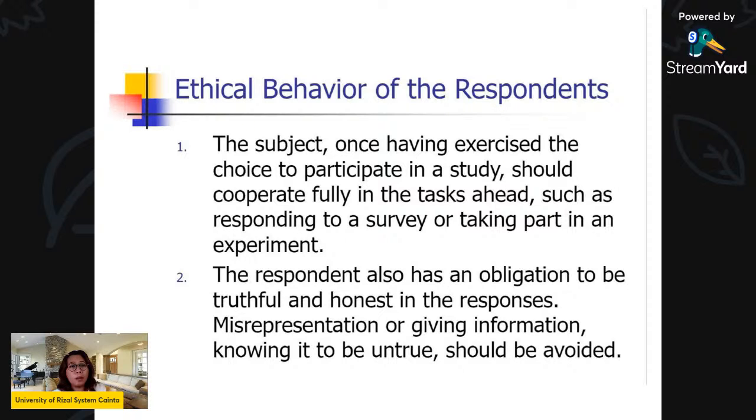Meaning to say, responding to a survey or taking part in an experiment. Okay? The respondents also have an obligation to be truthful and honest in response. Meaning to say, kung nagsagot kayo ng survey, walang fake doon. Dapat totoo ang isasagot nila. Para ma-avoid yung fake information at maging truthful conclusion ng study.